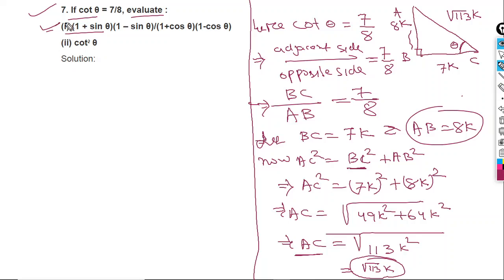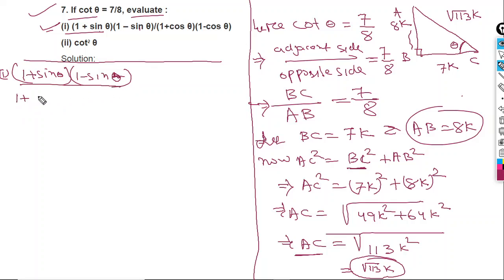So what it needs: 1 plus sin theta whole into 1 minus sin theta divided by 1 plus cos theta into 1 minus cos theta. So let's see, we'll write it: 1 plus sin theta into 1 minus sin theta divided by 1 plus cos theta whole into 1 minus cos theta. Now it will be equal to, we'll put the values. 1 plus sin theta; what is sin theta?